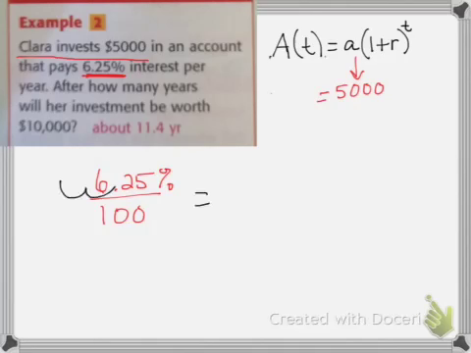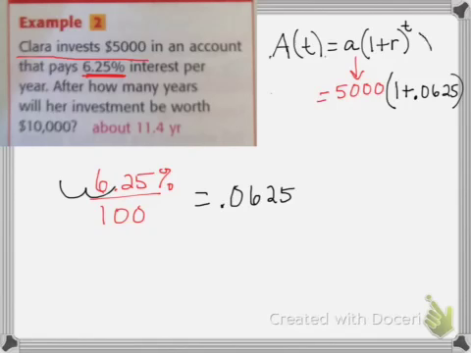Either way, you get 0.0625. That's my rate. So when I go back up here to my equation, I need to do 1 plus 0.0625. And you can realize that it's plus because she's investing money in an account that earns interest.